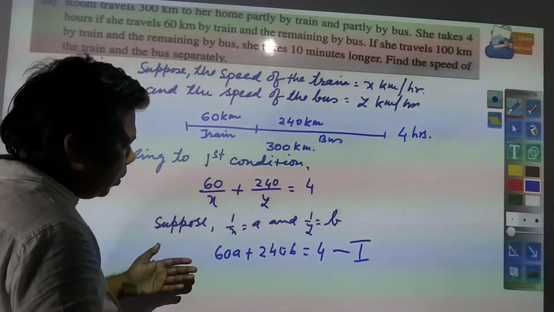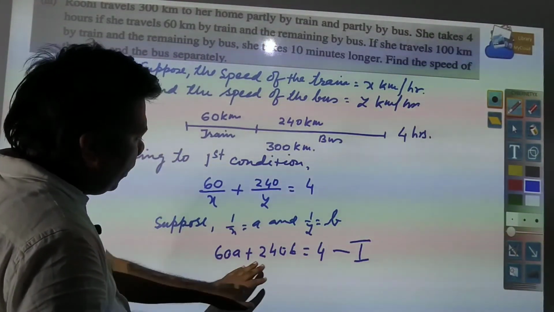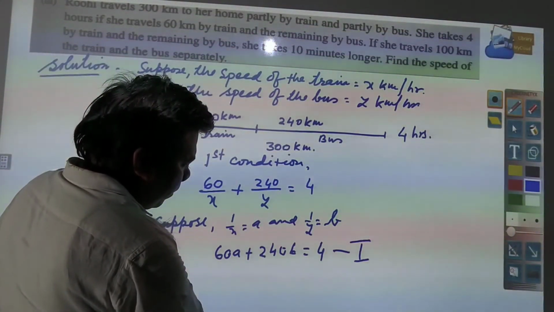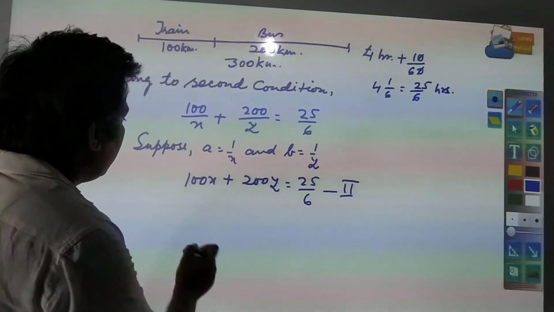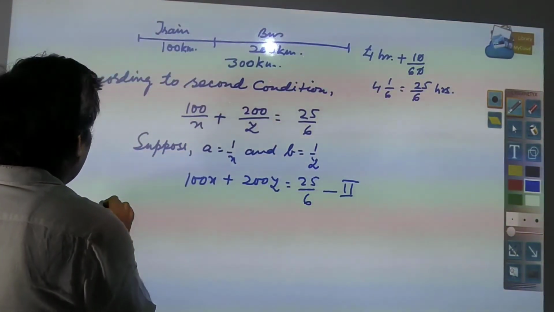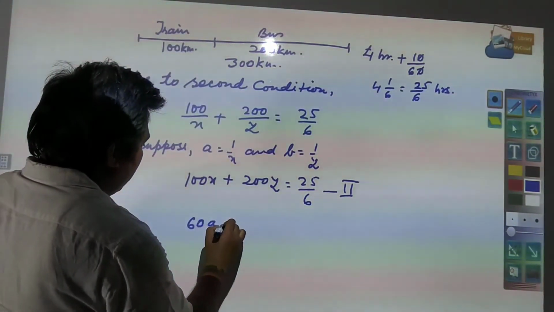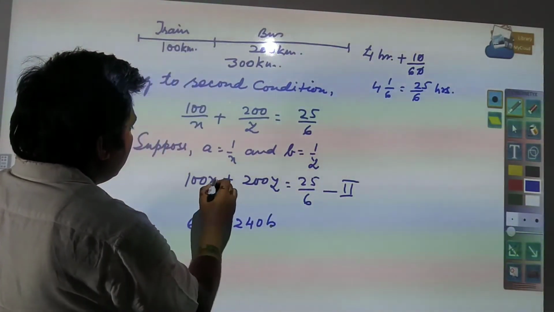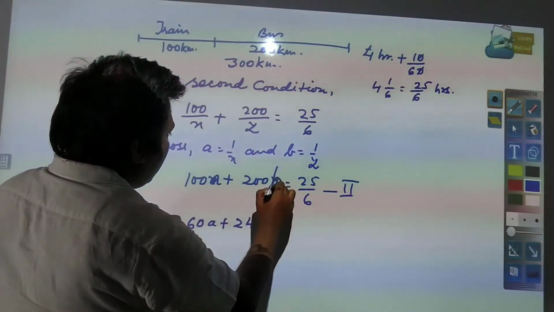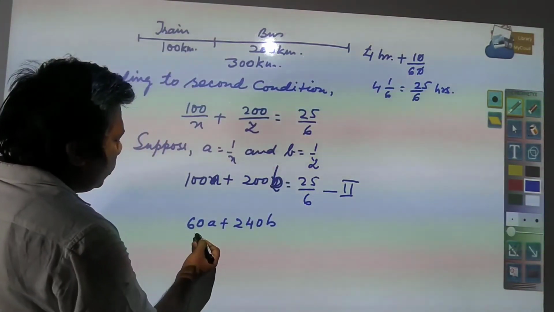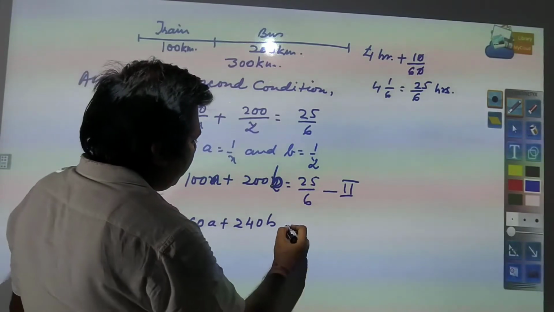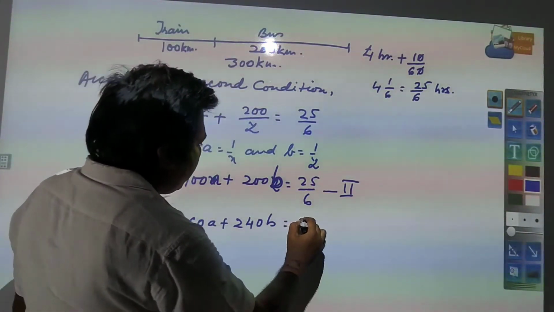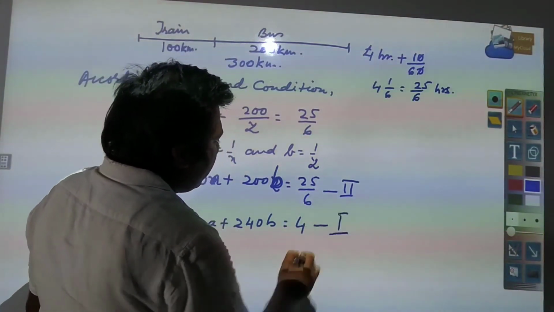So this is required to be written in a and b, not x and y. So this was our first equation.